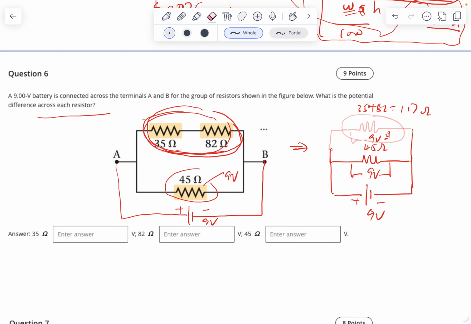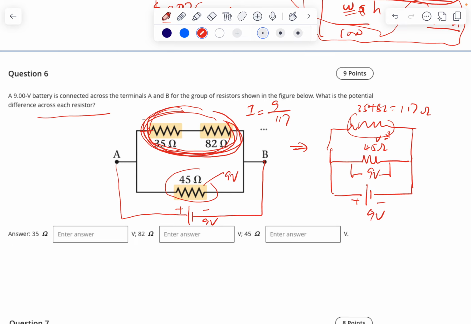So what's the current here? The current on this branch equals, because the voltage here is 9 volts, 9 volts divided by 117 ohm. So that's the current. And then you come back.